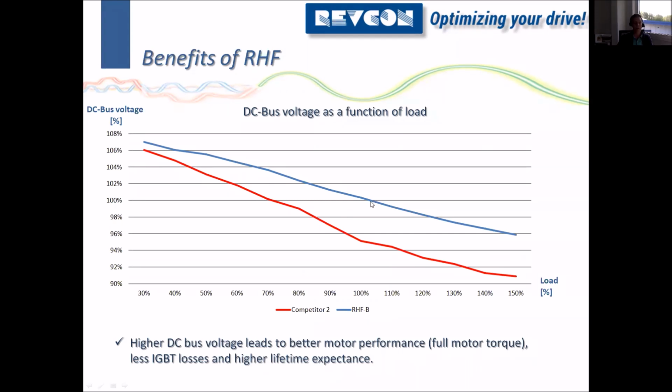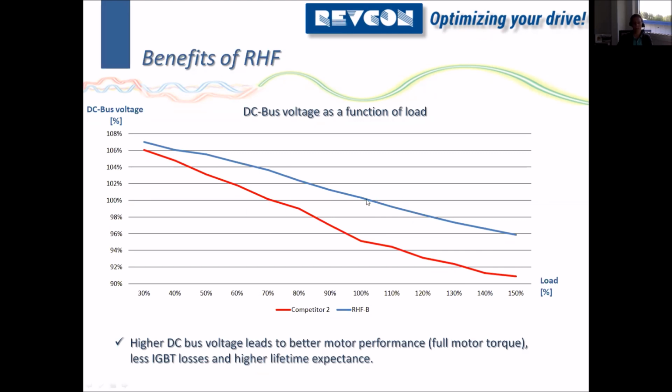First of all, that's not completely untrue, but due to the 2-level design, we get a voltage boost in the beginning, or in the earlier stage. So that means at 100% load, we can still have 100% DC bus voltage. So we don't have to make any derating of the drive when we use the REVCON design harmonic filter.